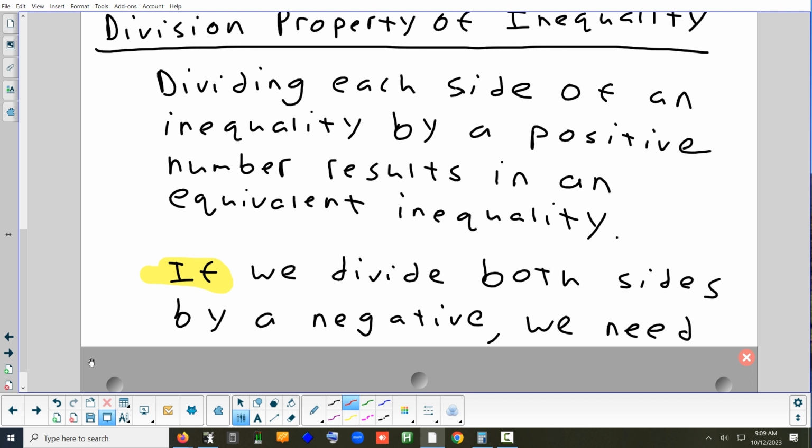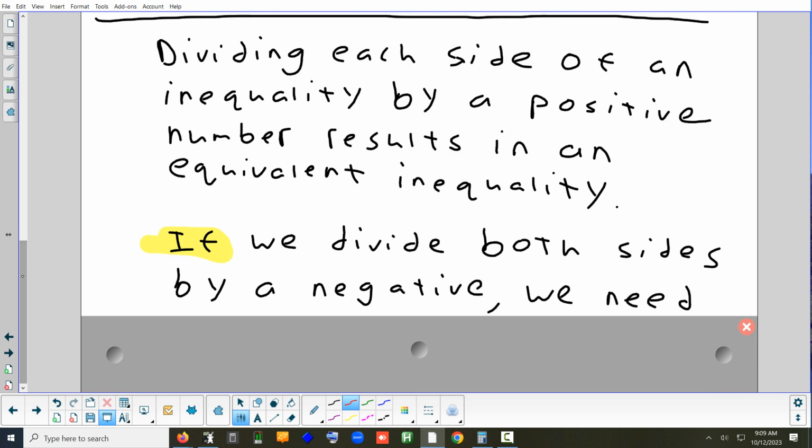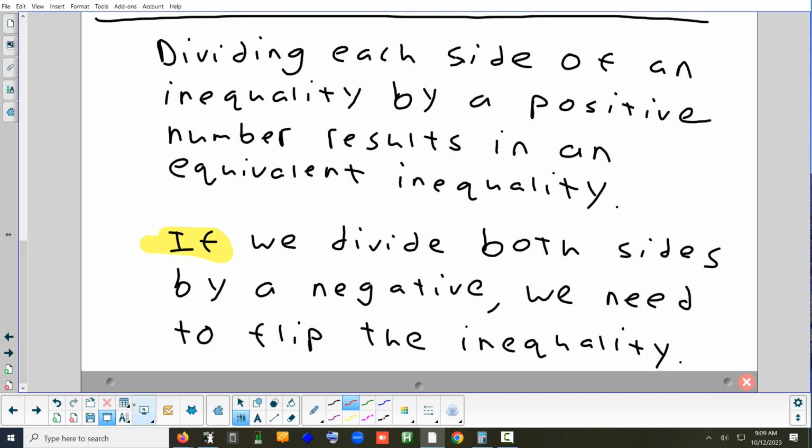So where it says if, you're going to put in, we divide both sides by a negative, we need to, what do you think we need to do? Yeah? Flip the inequality. Yep, we need to flip the inequality sign. So if you divide both sides by a negative, you need to flip the inequality sign.